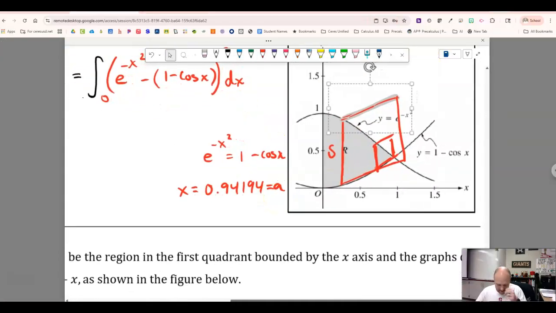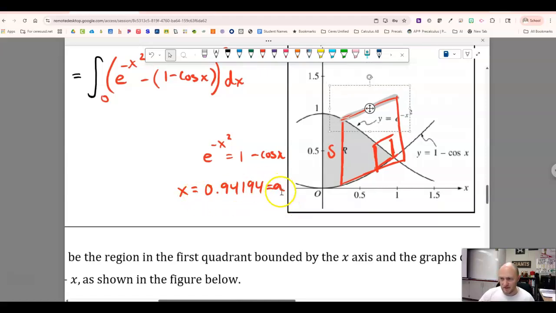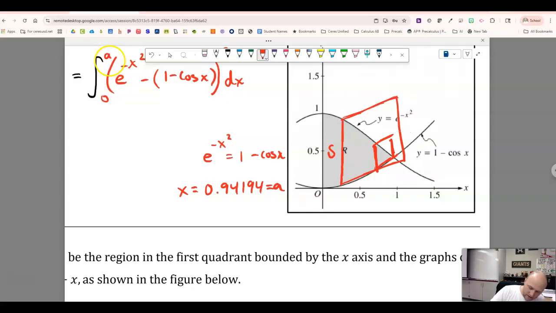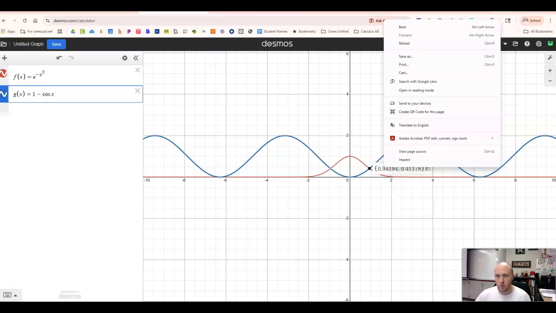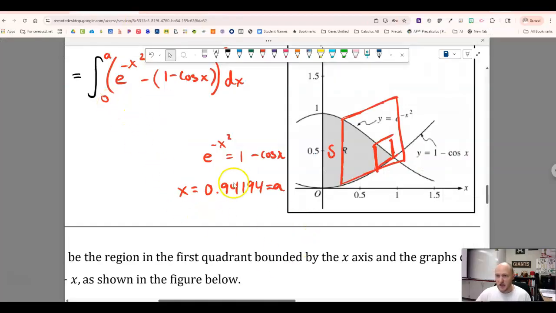Once I identify a certain value as a variable, I can call it A. On the TI-Nspire, you can store this value by clicking on it, or you could copy it. But that is my value of A.